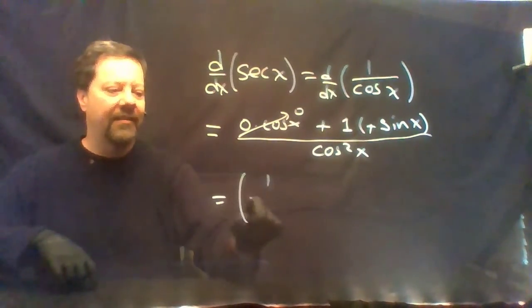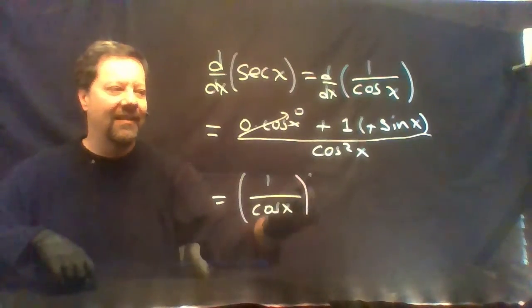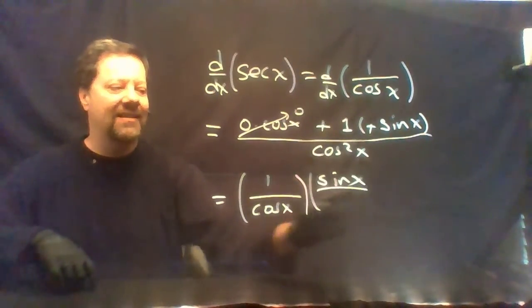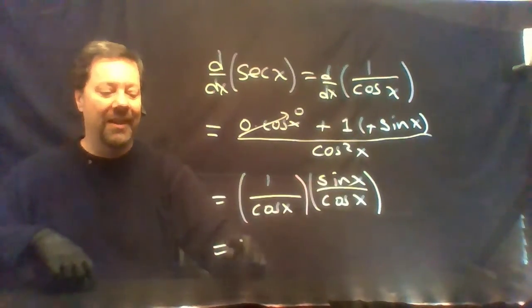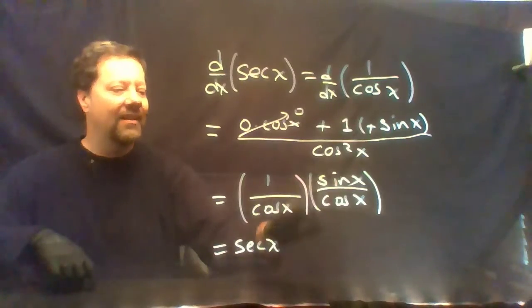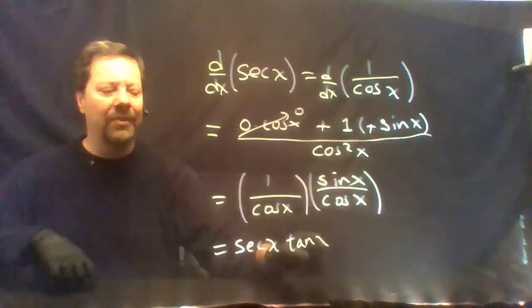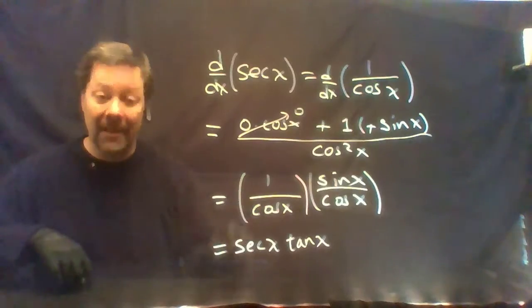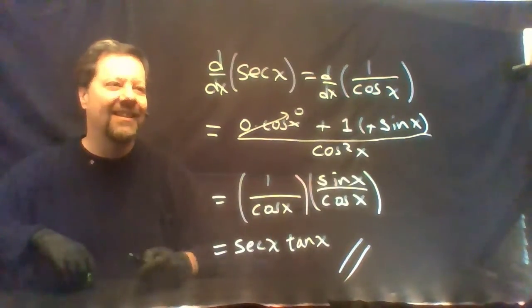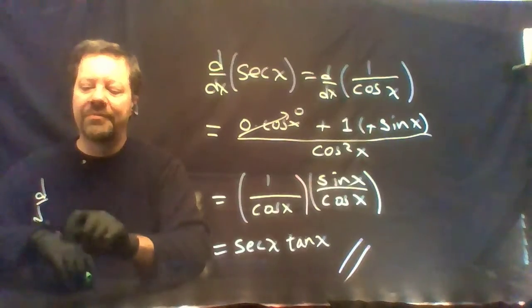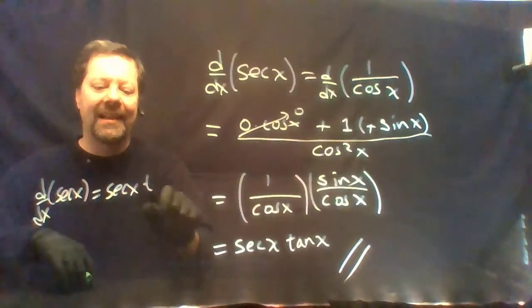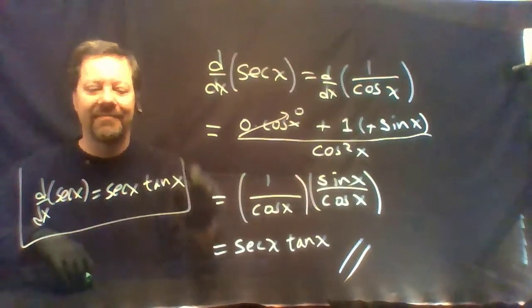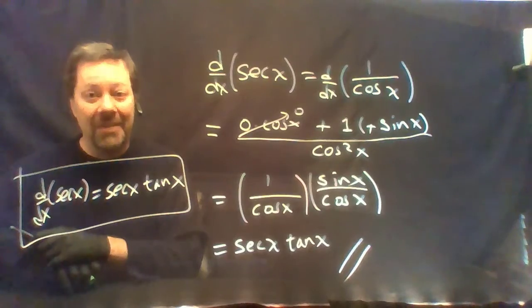I'm going to split off 1 over cosine x, and the rest of it will be sine x over cosine x. 1 over cosine is secant. Sine over cosine is tangent, and don't leave the x's off. Don't get cheap with me. Put it in. We've just shown that the derivative of secant x is secant x tangent x. You guessed it. You need to memorize this. And then there was 1.